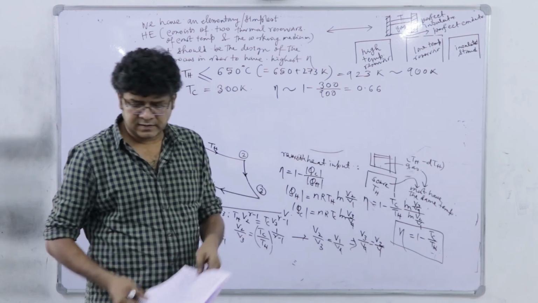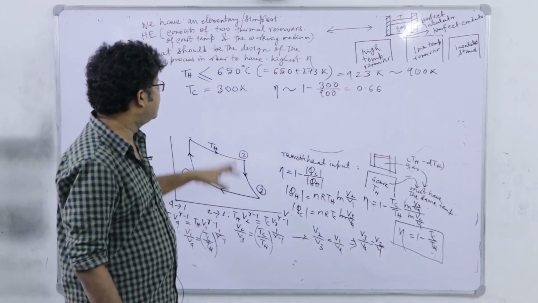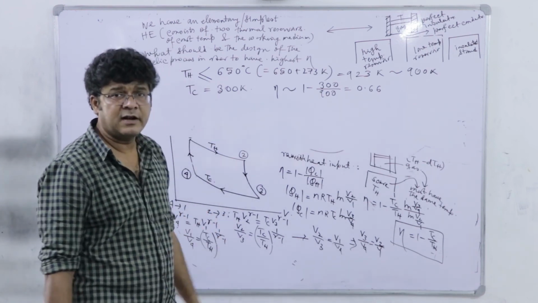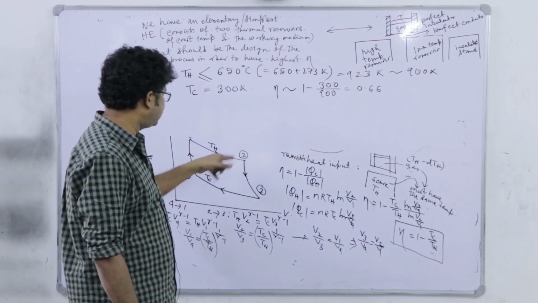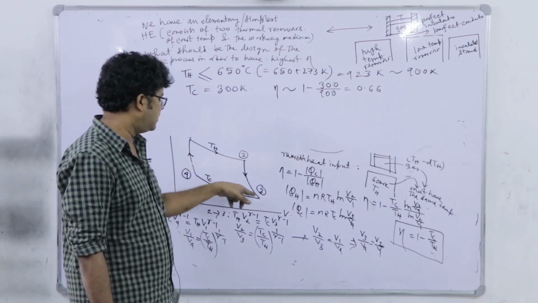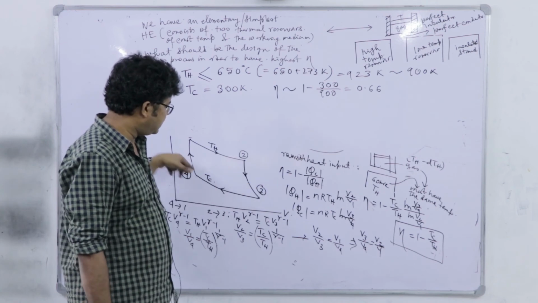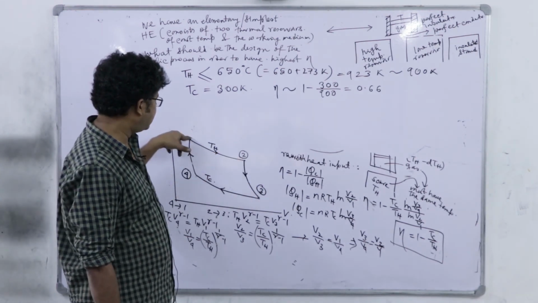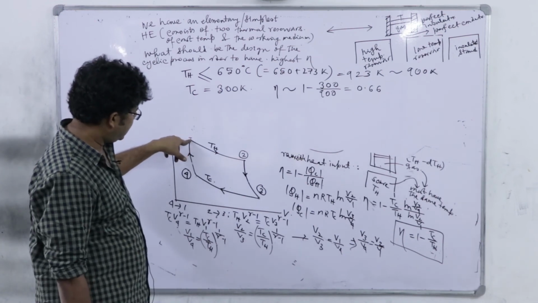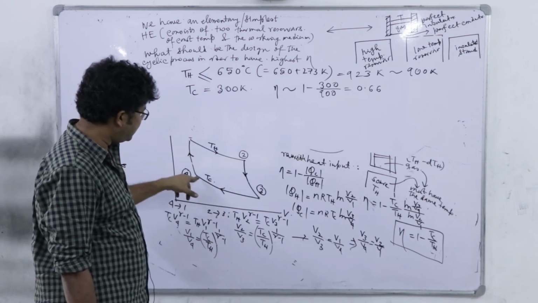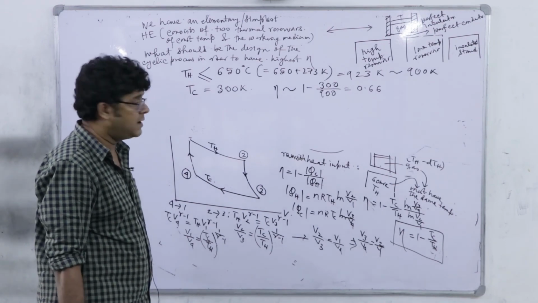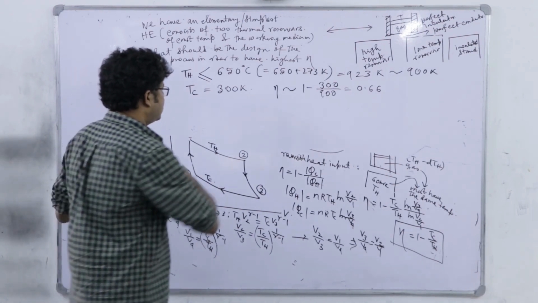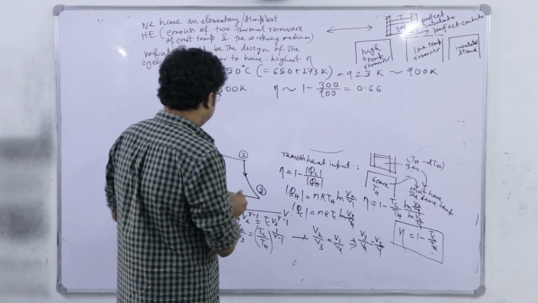Now you see, very similar to this Carnot cycle, we can think of a Carnot refrigerator and Carnot heat engine, just the same process in a reverse direction. So that is an isothermal heat input, then adiabatic compression, isothermal heat rejection and adiabatic expansion. So we can implement a reversible Carnot cycle in the reverse direction.